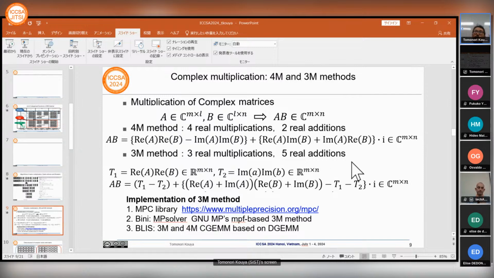So for normal complex multiplication, the 3M method is not efficient.